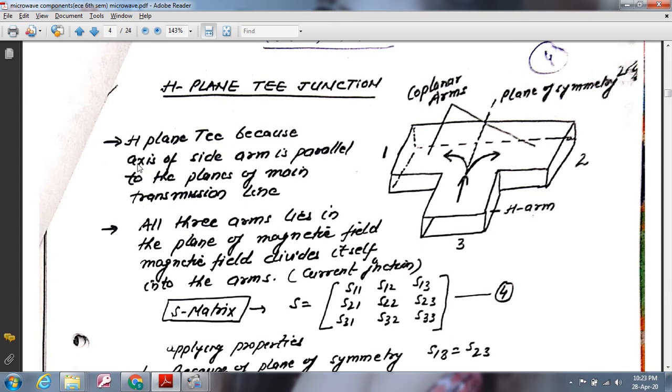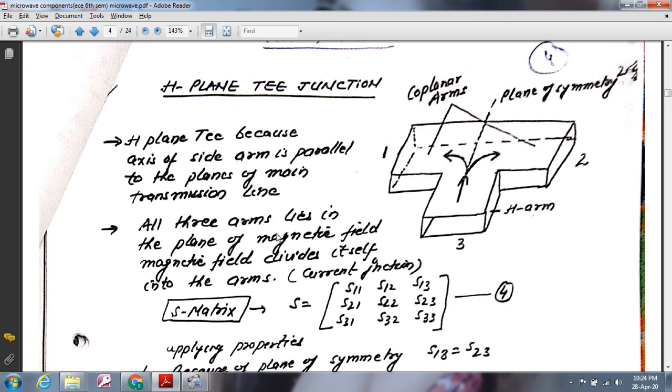Now H plane T, because the axis of the side arm is parallel to the plane of the main transmission line. Suppose this is your H plane T, port number 1, port number 2, and this is port number 3, or we can say H port.